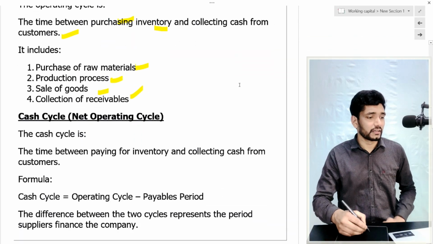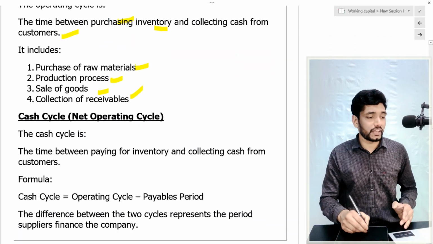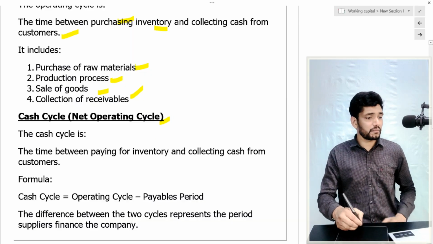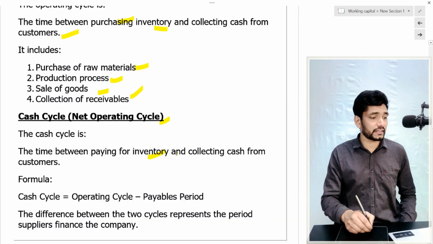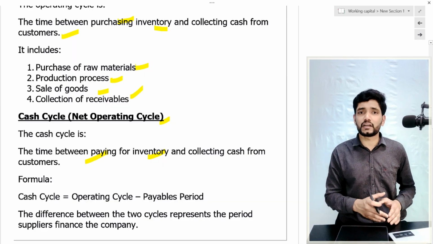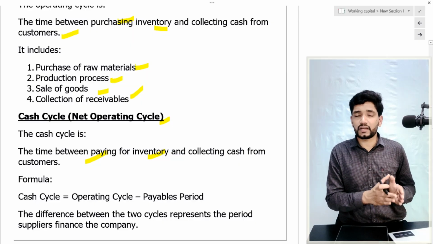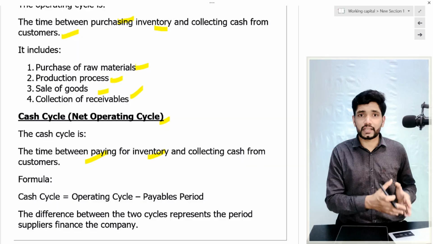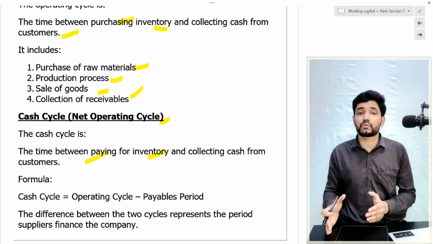Then the cash cycle. Cash cycle is similar to operating cycle, but it is the time between paying for inventory and collecting from the customers. In the cash conversion cycle, we are not starting the count from the purchase. We are starting from when we pay that supplier.